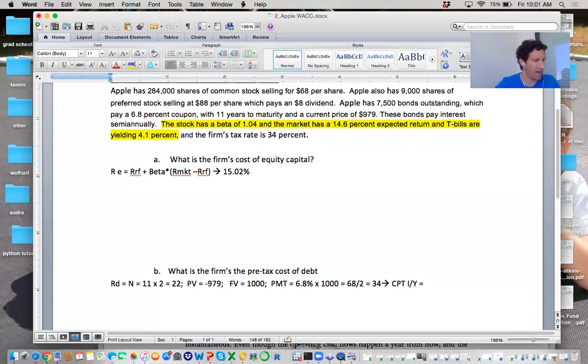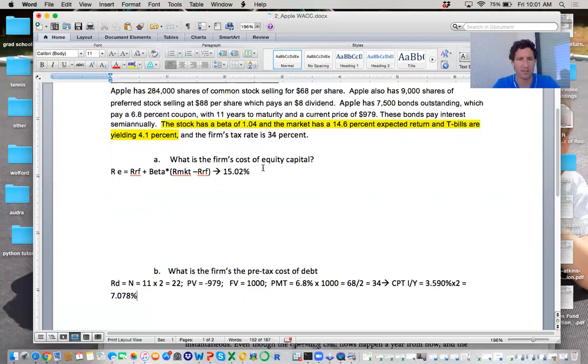So once you solve for that, I got 3.590. But again, remember, this is semi-annual. We need this in annual terms. So multiply by 2, and you should get 7.078%.